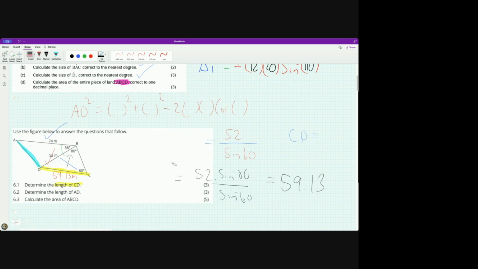I will give you some time, see if you can find me what AD is. Do you know what numbers go where?